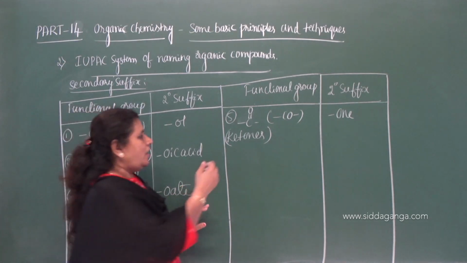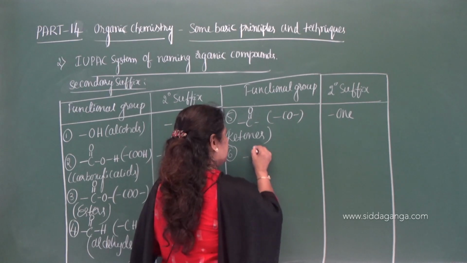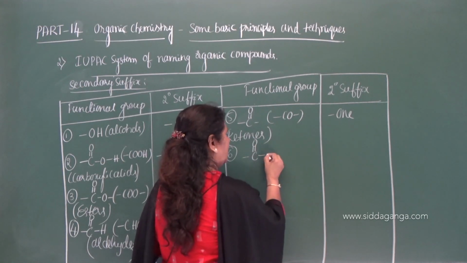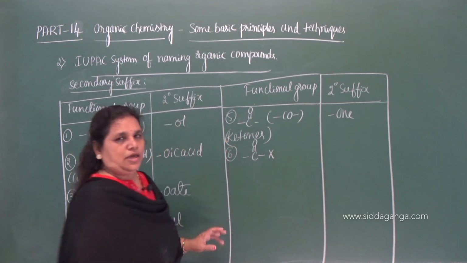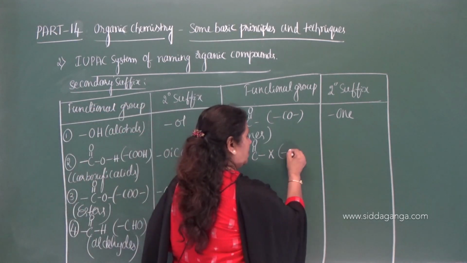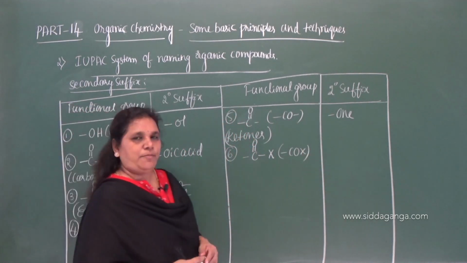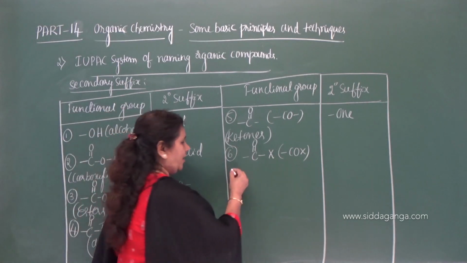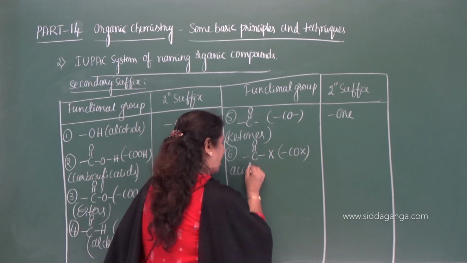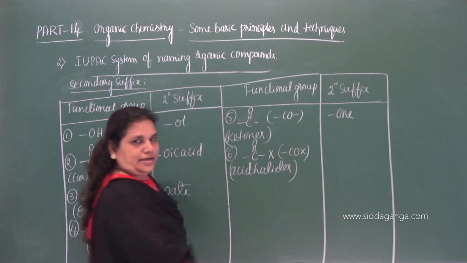It is 'on'. And the sixth one, here it is C double bond O X. X may be chlorine, bromine or iodine. So here COX is the functional group. You can give the abbreviation here, and it belongs to acid halides. It belongs to acid halides. Correct?